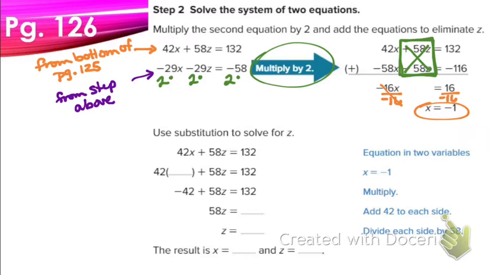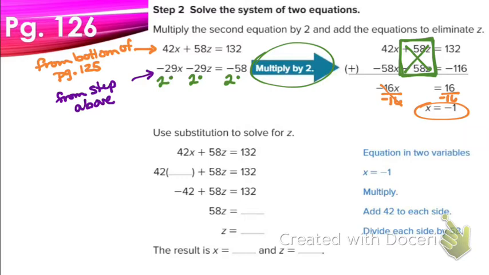No. Why do you think the book picked the top one? They're big numbers regardless, right? What is slightly better about this equation? It's positive numbers. You're going to get the same answer either way, but I tend to prefer working with positive numbers rather than negatives if I can help it.